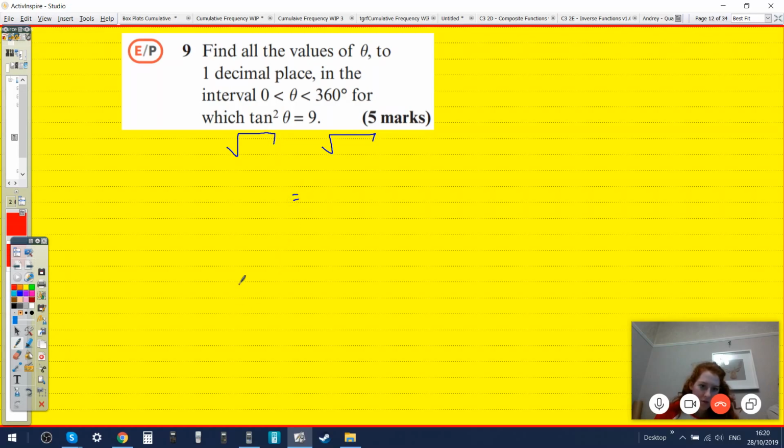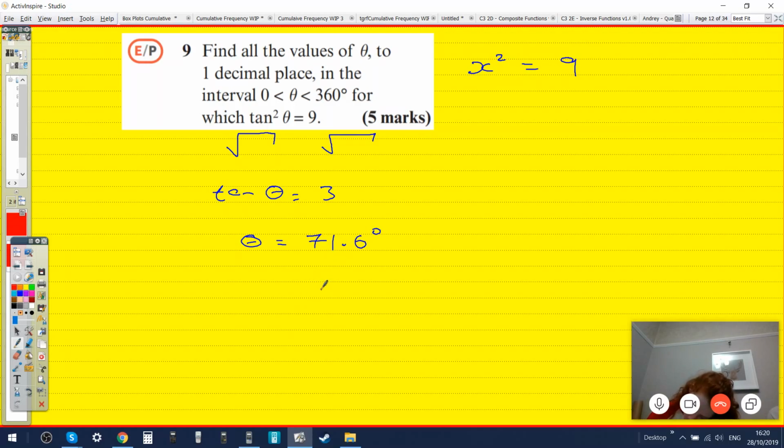So that'll be the square root of 9, which is 3. And that'll be tan minus 1 of 3. Yep. And that's 71.6.